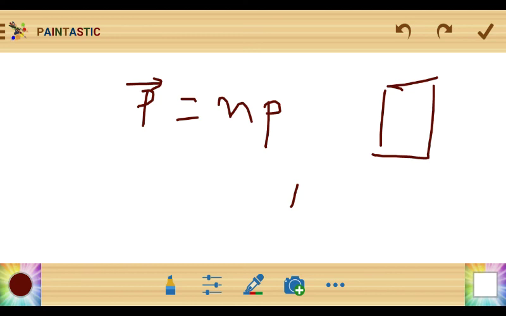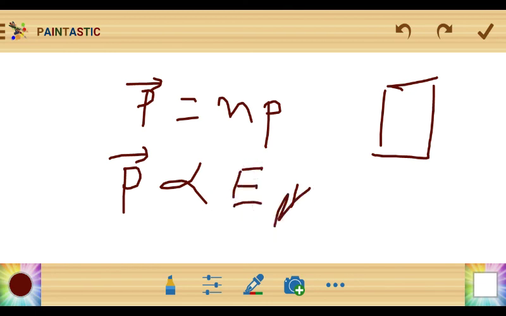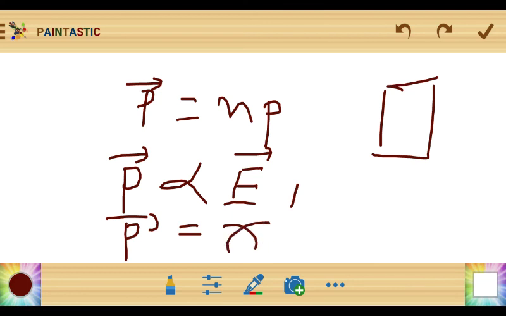And how much that polarization P is depends on the electric field. The polarization is directly proportional to electric field. So once you remove the proportionality sign, P is equal to xi epsilon 0 into E. Okay, they both become constant.